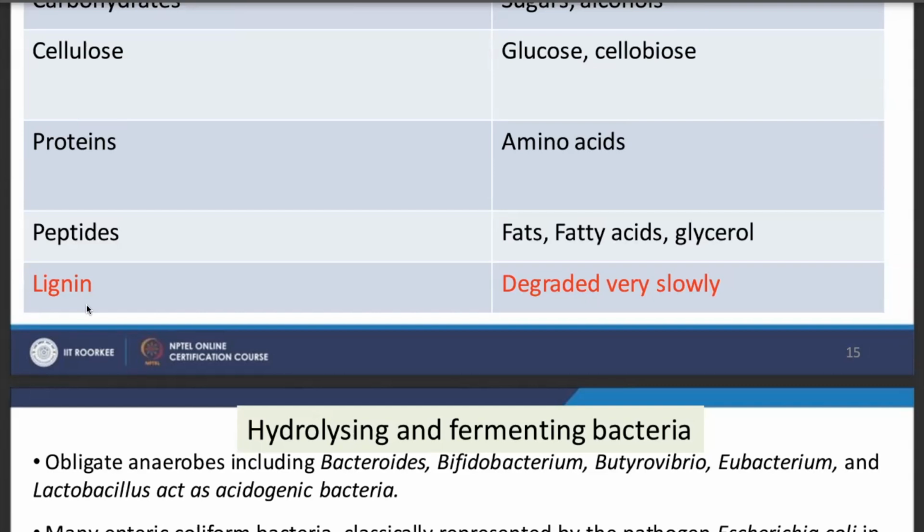The problem comes when we don't have the machinery or the enzymes which will digest these complex compounds. So this is the problem with lignin. Hence, if we subject it to pre-treatment, which we are going to discuss in the coming slide, it helps the microbes to break the complex compound more easily.